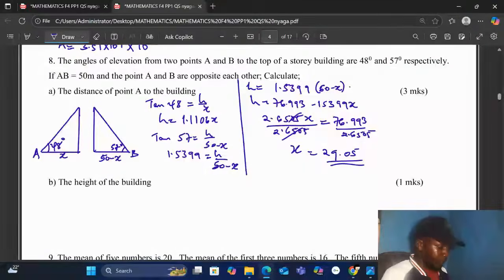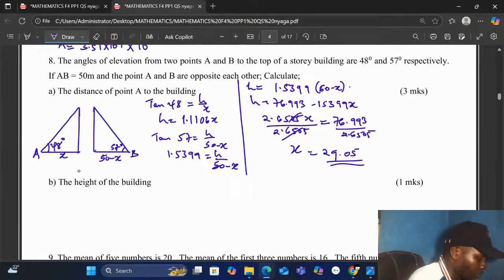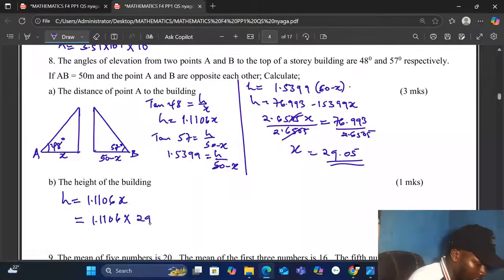Now we calculate the height of the building. We know that h is equal to 1.1106 x, and now we have x as 29.05. Therefore h will be equal to 1.1106 times 29.05.